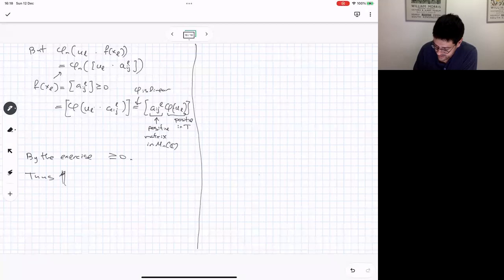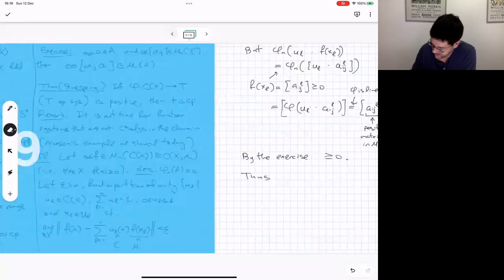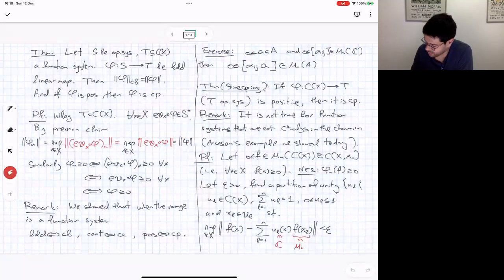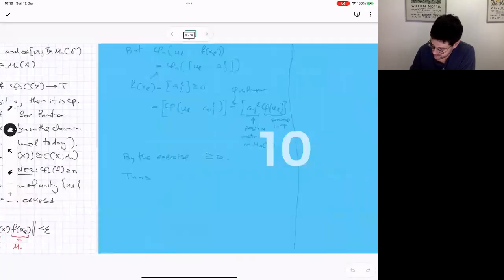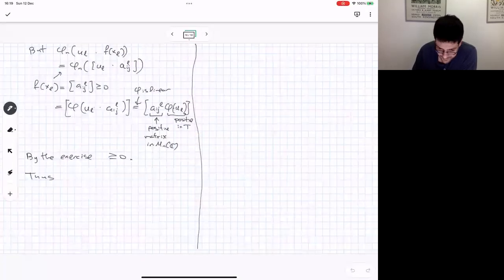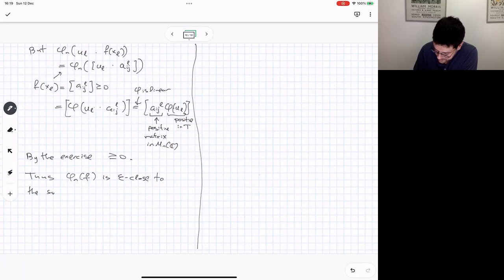Thus, we approximated F as the sum of n positive elements. So phi_n of F is epsilon close to the sum of m positive elements.